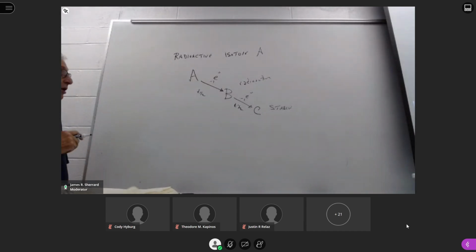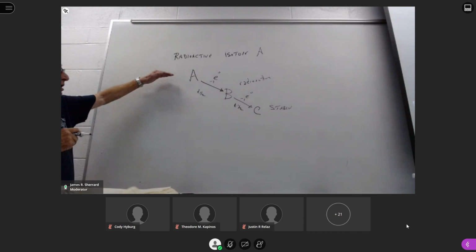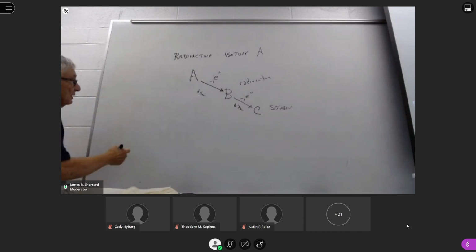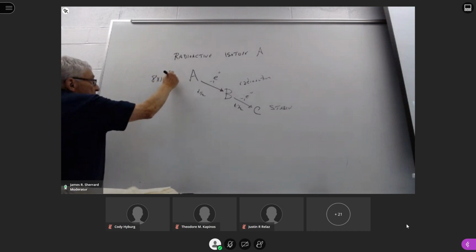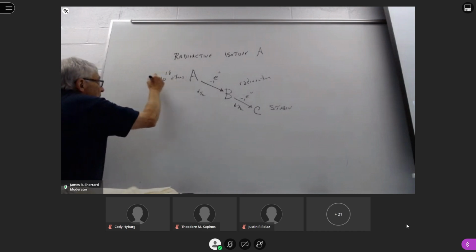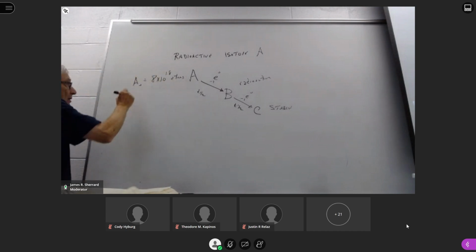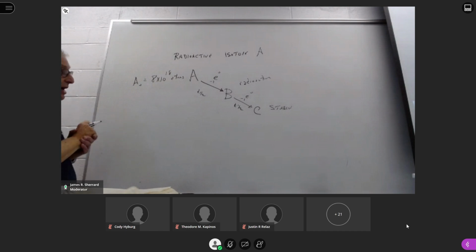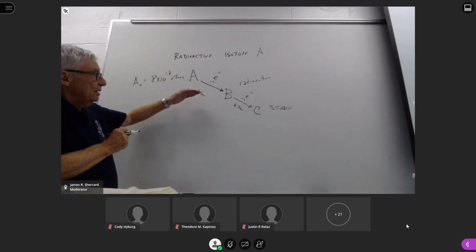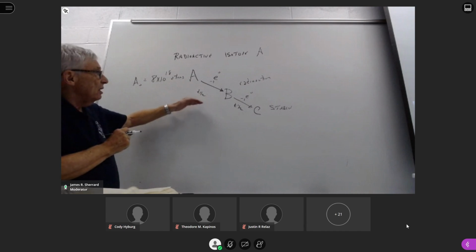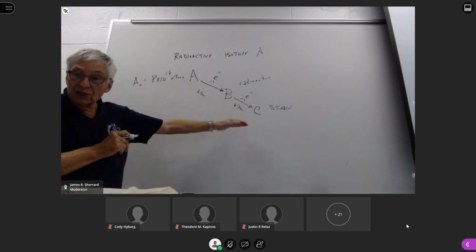If I started out with a certain number of atoms of A, let's say I had 8 times 10 to the 18th atoms at time equal to 0 for A, and I run time, can I look to see what's happening with the buildup and the loss of A, B, and C?